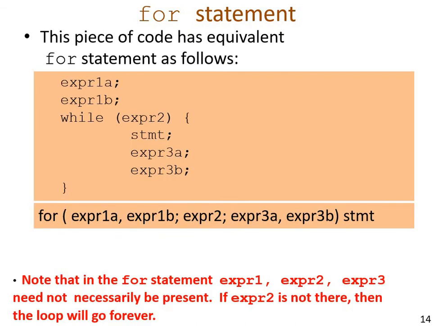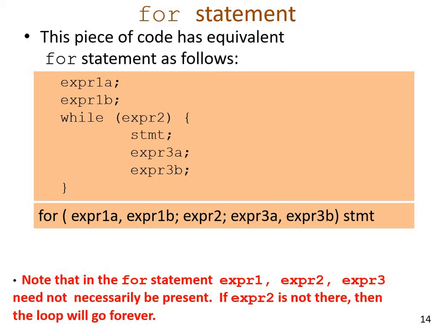This piece of code is equivalent to the for statement as follows. You have expression 1a and expression 1b, which are both initialization statements, and then while expression 2 is the condition, and then your statements, and then your increment or decrement in expression 3a and expression 3b.